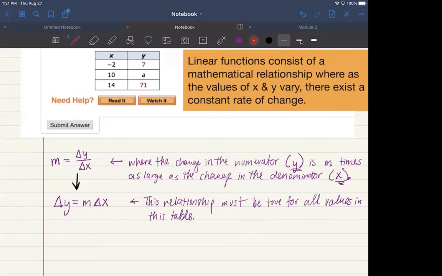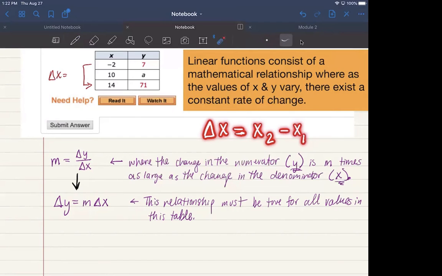So now let's take this for instance, okay? Going from x from -2 to 14, I want you guys to notice or think to yourself, what is the change in x, okay? And just as a quick side note, if you forgot, remember delta x, you're talking about one x value from the other.